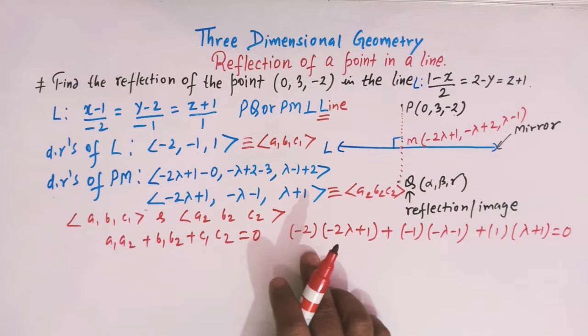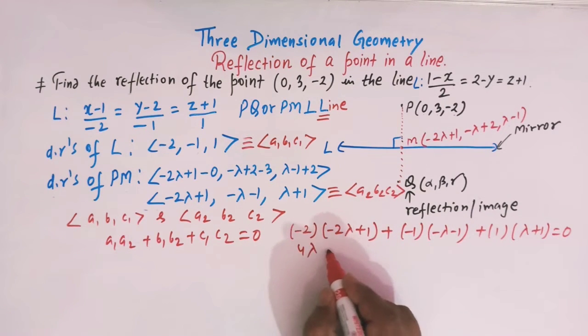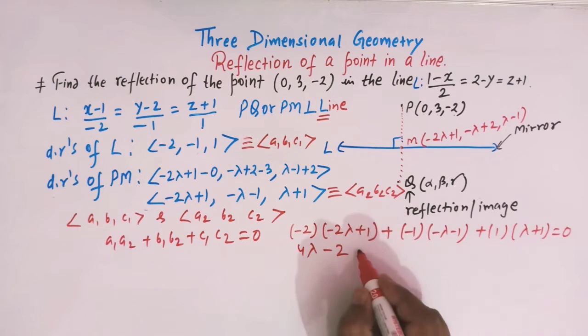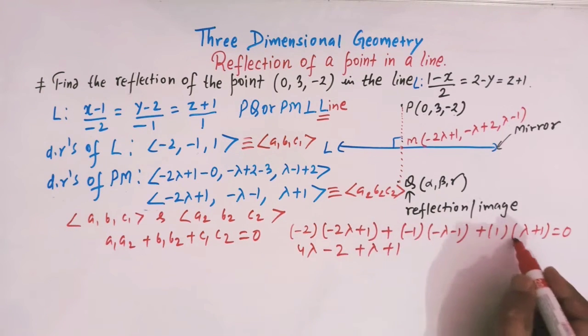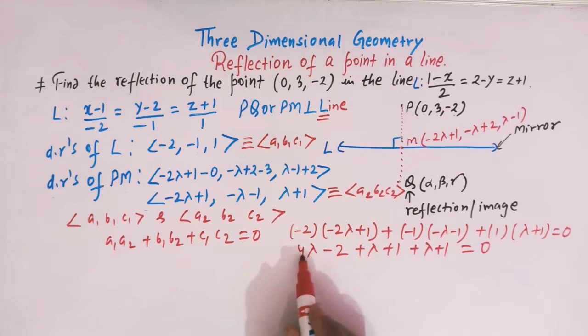Now this is a simple linear equation in lambda. So we have 4 lambda minus 2, and here we have lambda plus 1, then lambda plus 1, is equal to 0.